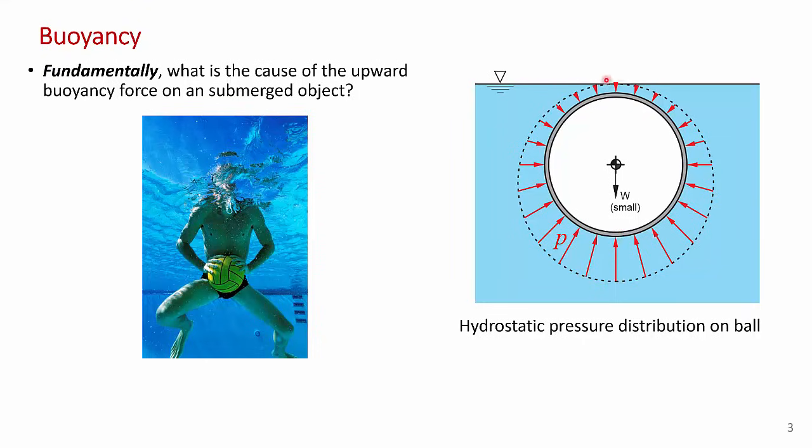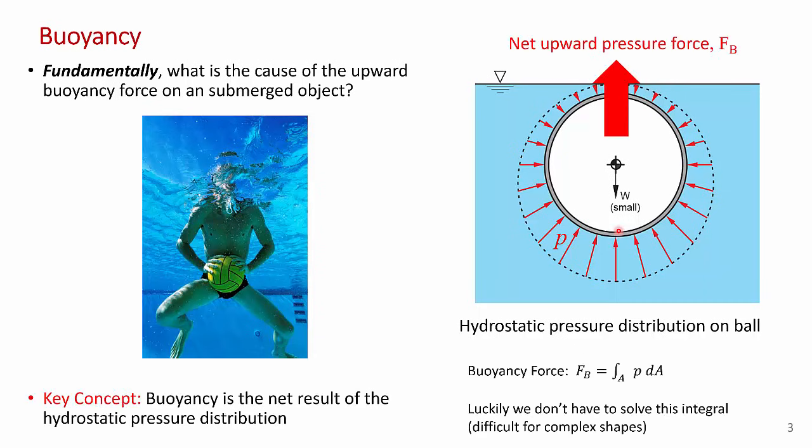The arrows up here are very small. The arrows down here are very large. And of course, the net force is in the upward direction. And so you get this upward force that we call the buoyancy force. But fundamentally, it's really the net result of the hydrostatic pressure distribution. So that's the key concept to keep in mind.